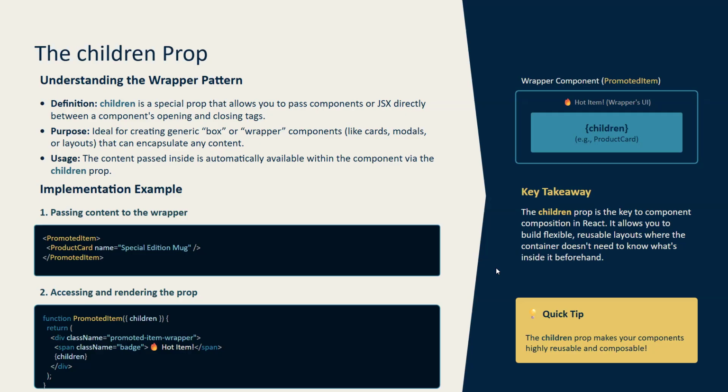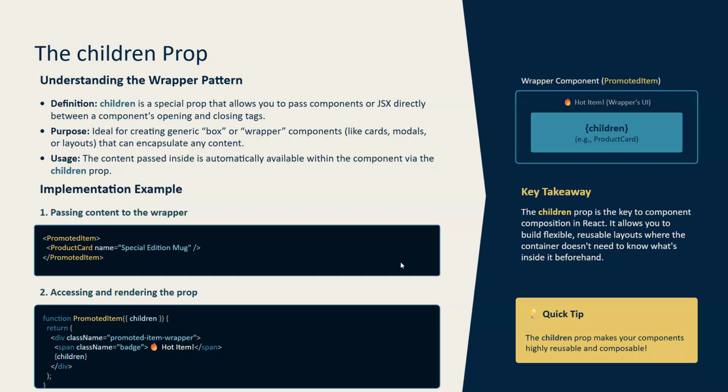This is one of the main ideas behind composition in React. The wrapper does not need to know exactly what is inside ahead of time, and this is also one of the principles of object-oriented programming, which is known as abstraction.